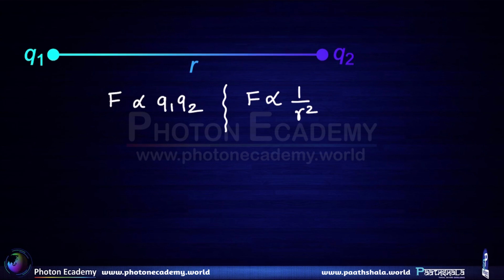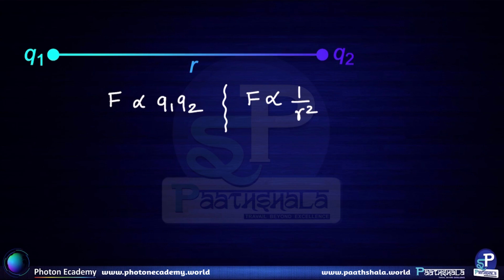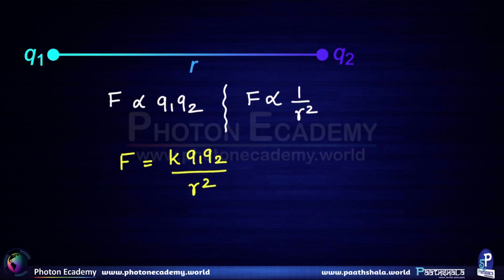So he came up with an expression which reads like this: F is equal to K times Q1 Q2 over r square. So this is the expression which represents the force between the 2 point charges Q1 and Q2.